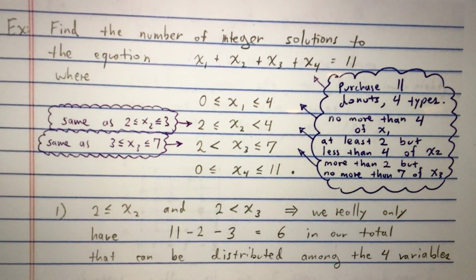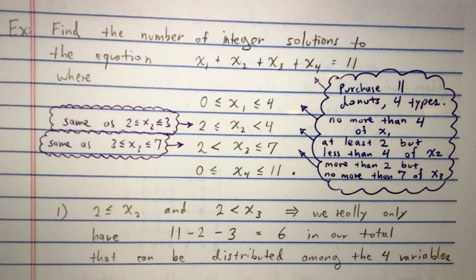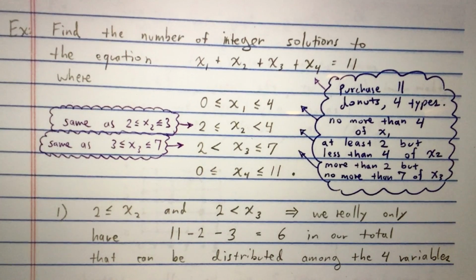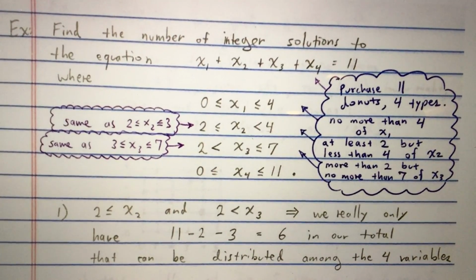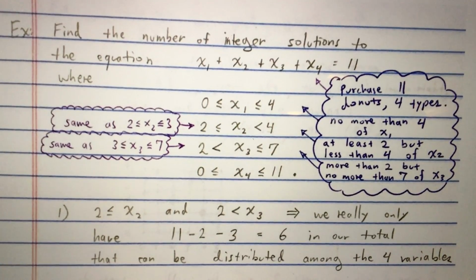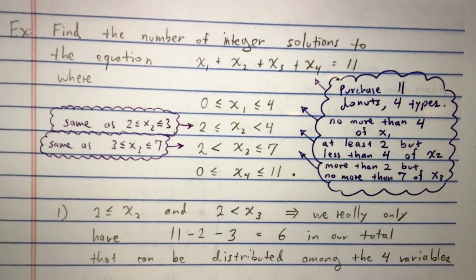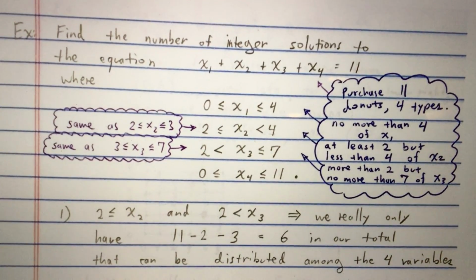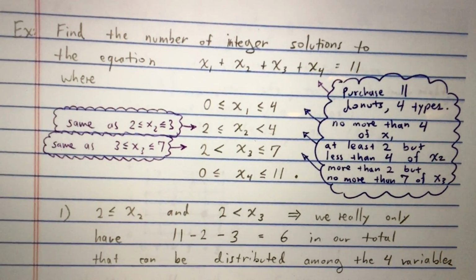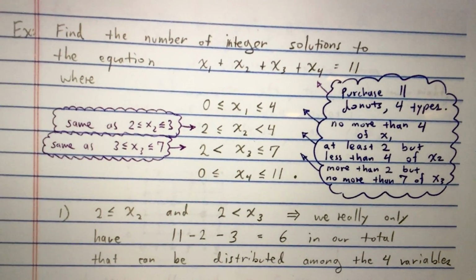If you have to have at least 2 of type 2 and at least 3 of type 3, then you go ahead and get that out of the way, put those in your bag, and then you still need to buy 6 more donuts to fill up the bag. So whenever you have lower limits, then you just restate the problem, and now we'll use 6 instead of 11 all throughout.